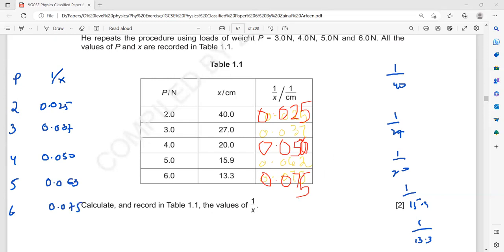So these are the values for the 1 over x.